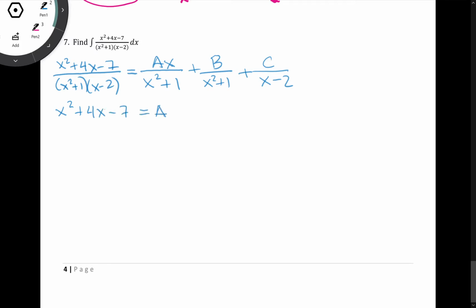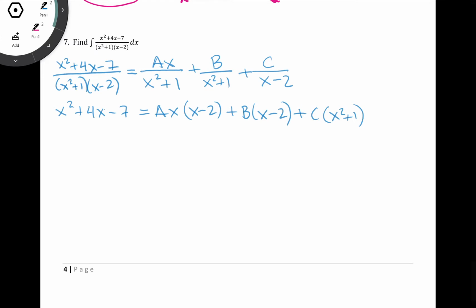The ax will just get multiplied by the x minus 2. The b as well. And then the c gets multiplied by the x squared plus 1. Okay, so I can do first trick once.